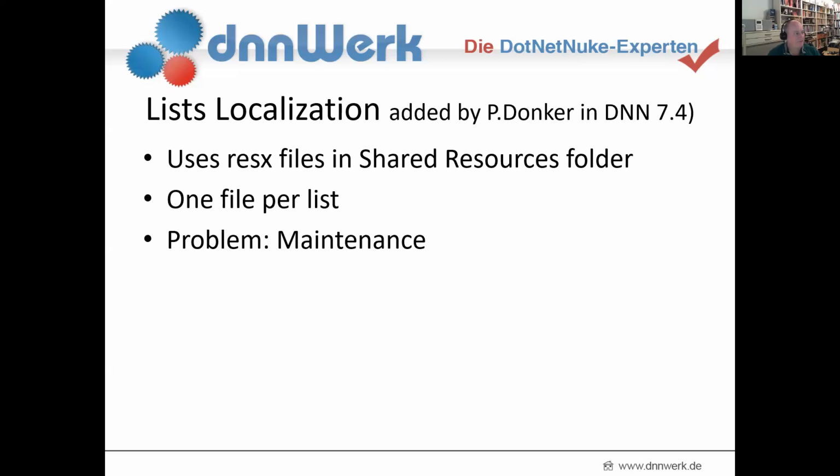In DNN 7.4, Peter Donker added the list localization. That was one of the bigger areas which was missing, especially for country names and for region names. So those are now provided with DNN in the language packs as files, which are stored in the shared resources folder.